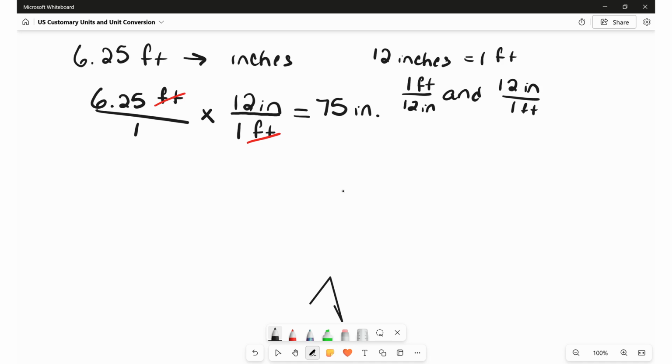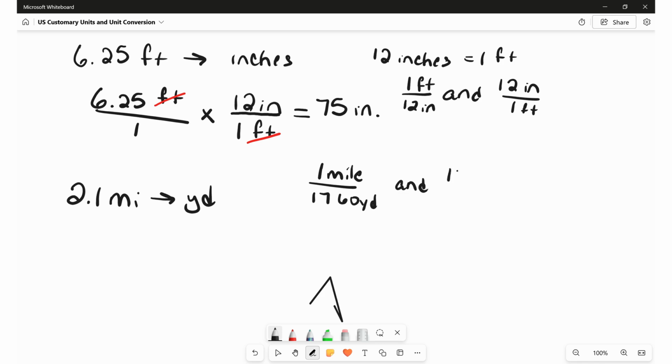So let's try that again. Let's convert 2.1 miles to yards. The two ratios that we have are 1 mile over 1,760 yards, and 1,760 yards is the same as 1 mile.